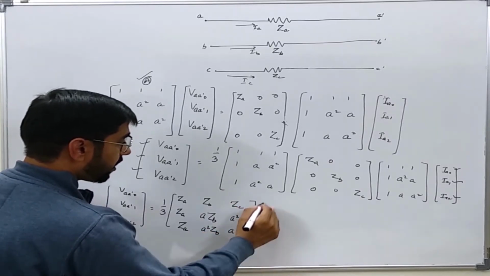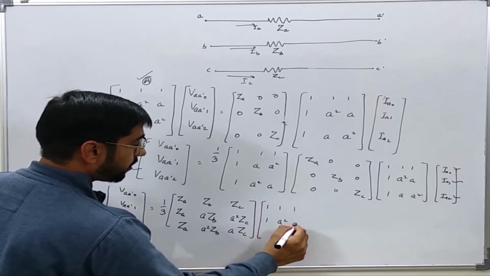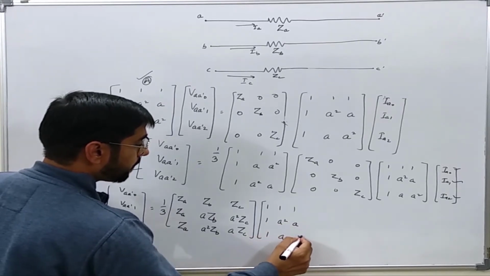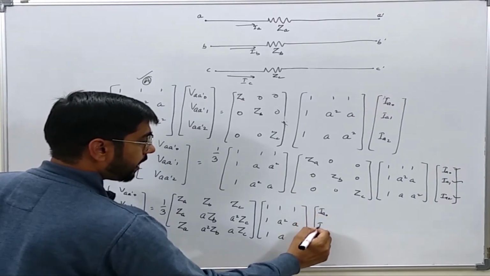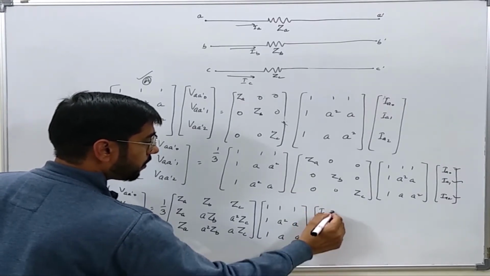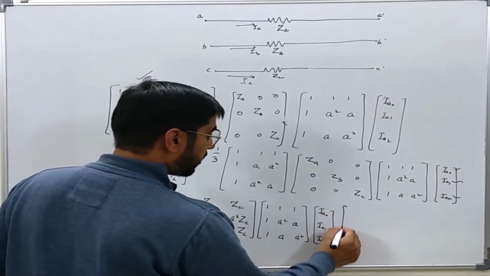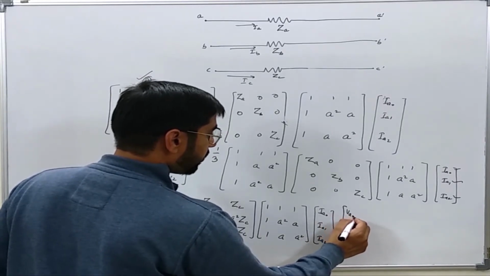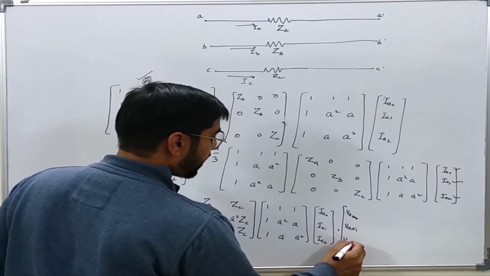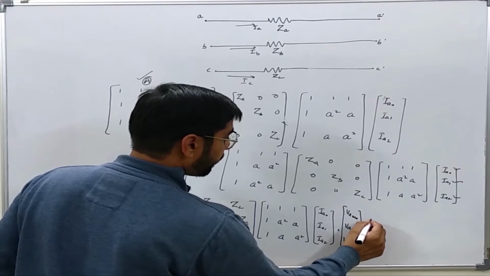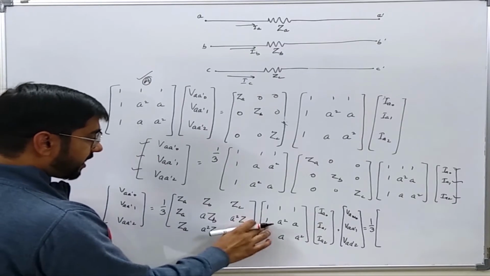Okay, now we will post multiply this with A matrix, IA0, IA1, IA2. So we will do this multiplication here. We get VAA'0, VAA'1, VAA'2 is equal to 1 by 3 outside. ZA plus ZB plus ZC.